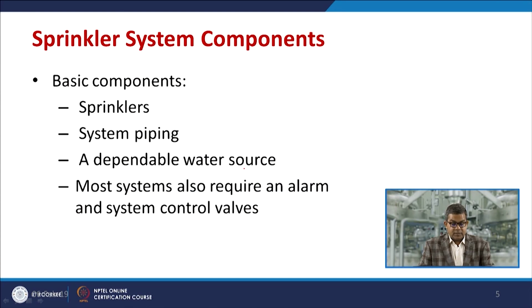Before we go into the detail, let's see what basic components a sprinkler system has. They have the sprinklers, the system piping, a dependable water supply or water source, and most systems also require an alarm and a system control valve. These are the four basic components you require to install a sprinkler facility.